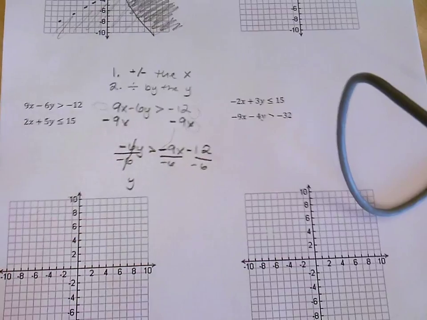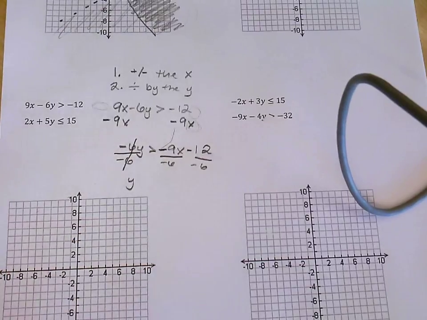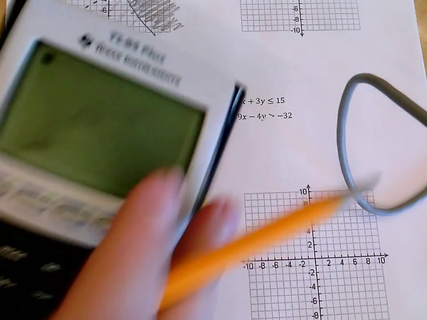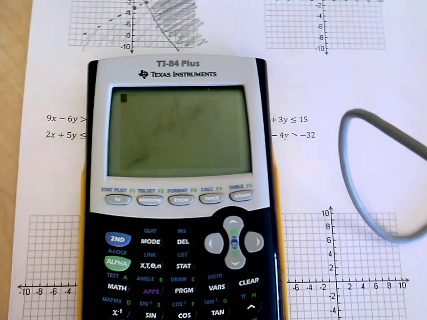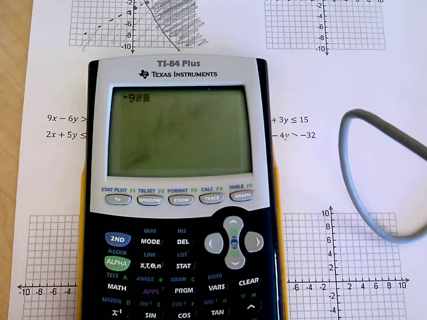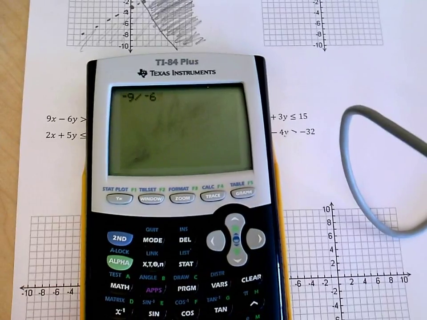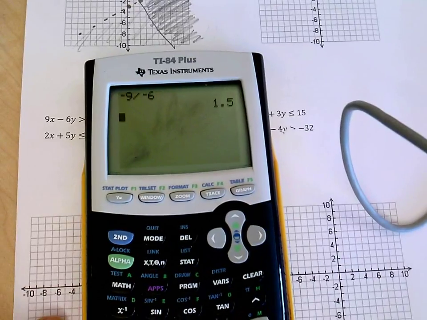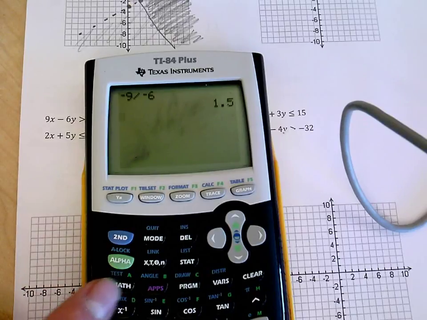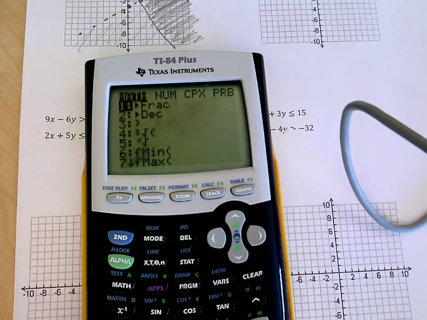This part you're going to have to do in your calculator. What I want you to notice is that on your calculator, you should always take the top divided by the bottom. So it's -9 divided by -6. It's going to give me a decimal, but I need a fraction. So I'm going to press this math button. Then I'm going to see it highlighted in fraction. I'm going to press enter.